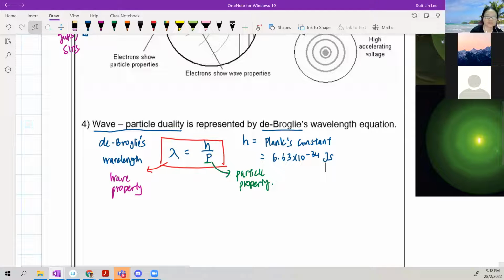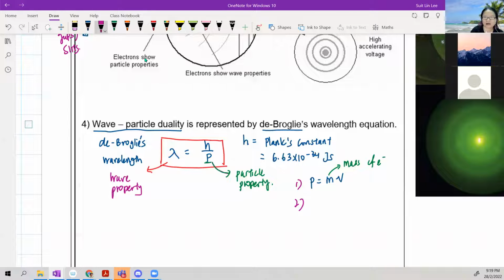When we use this one, everything is SI. I just want to kindly remind you that momentum is mass times velocity. So this mass here would be the mass of the electron, and velocity will be the velocity of the electron. But how do we find the velocity of the electron?